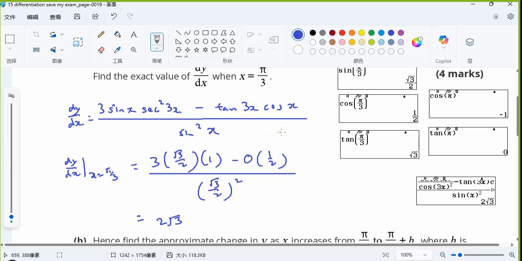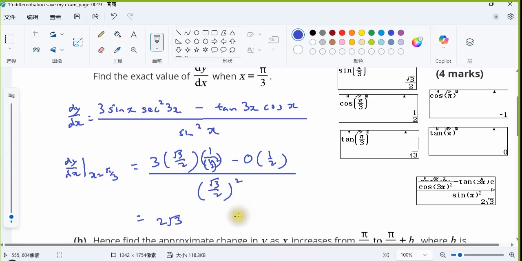Sine x, secant square, no. Secant square 3x. So this will be the 1 over half square. So 4. Okay.